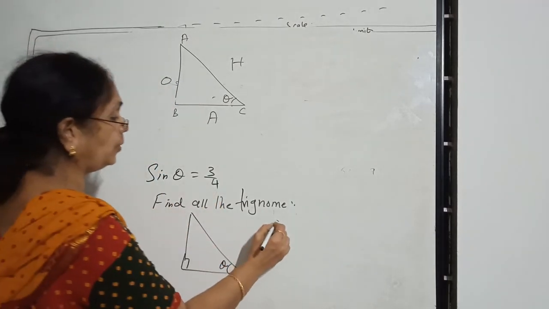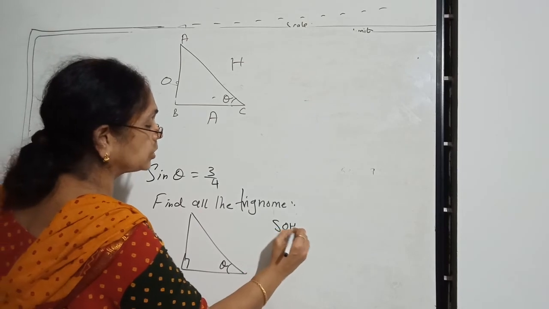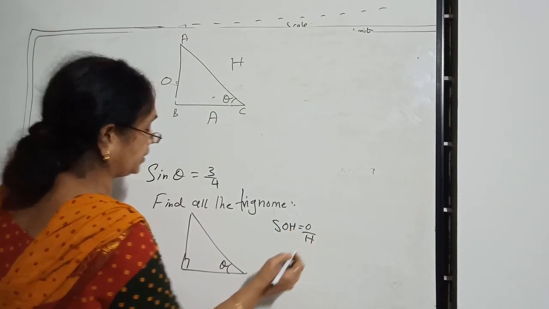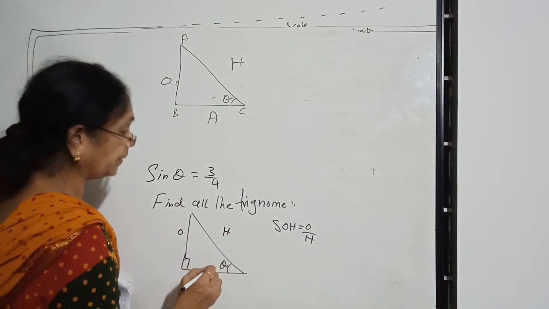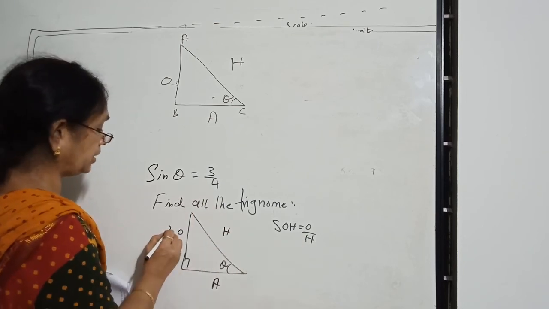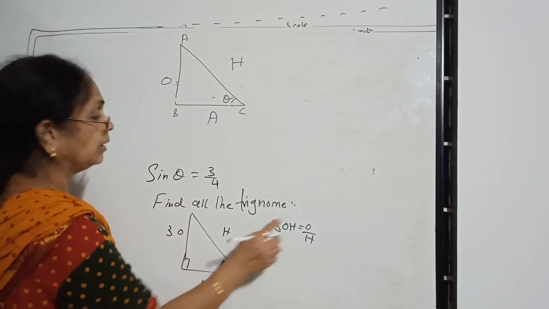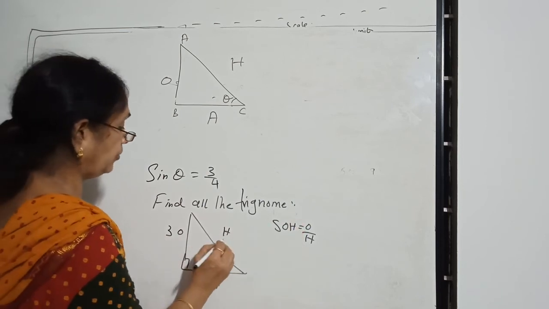So sine, what is the formula for sine? SOH, that is O by H. So this is opposite, this is H and this is the adjacent. Now 3 by 4, opposite is 3 and H is 4.